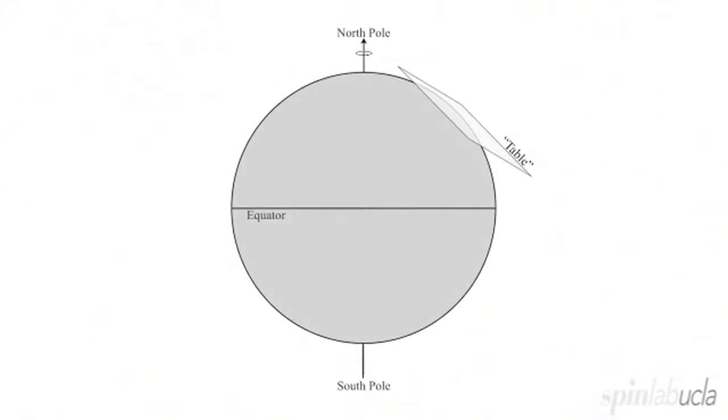If I put a similar table in the mid-latitudes, then now you can see the Earth is still rotating around the same axis, so the rotation axis is still pointing in the same direction, and the table now appears tipped because it's locally perpendicular to a different part of the planet. So if I break up the rotation axis into two components, one shown in red, one in green, the red lies in the plane of the table, green is perpendicular to the table.